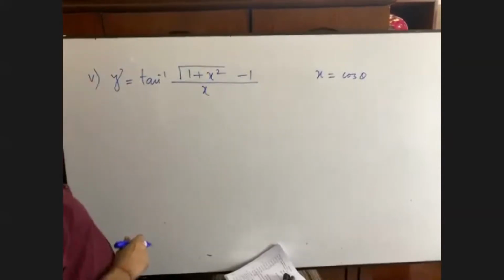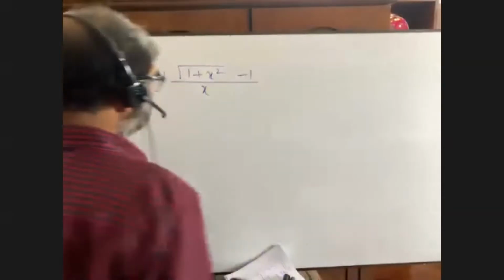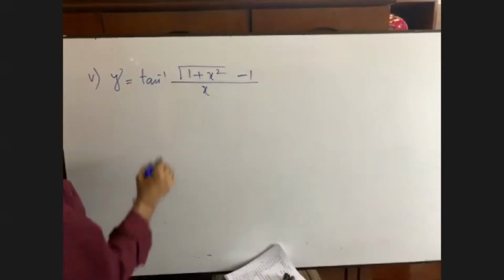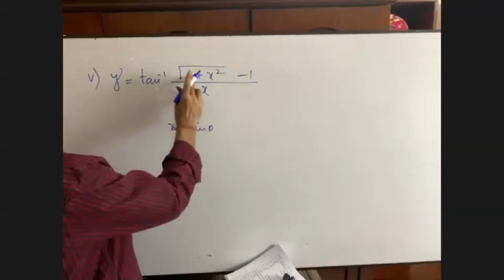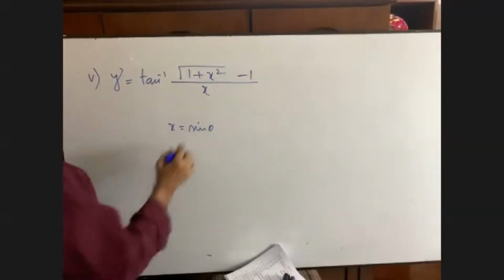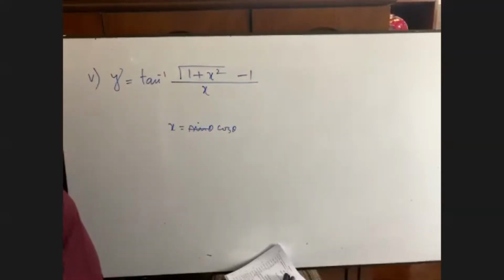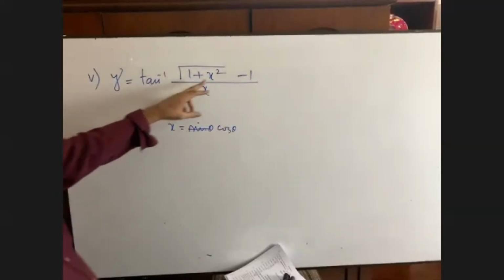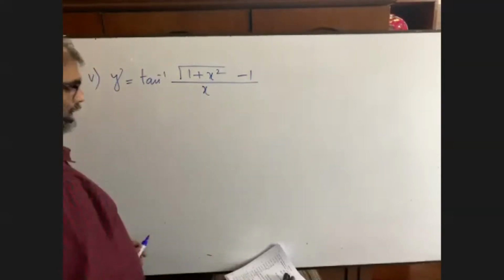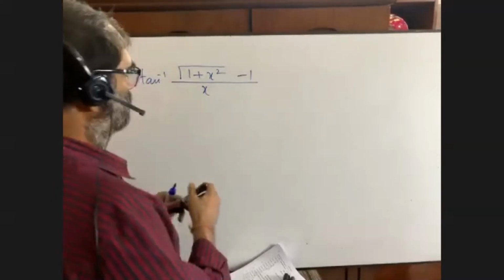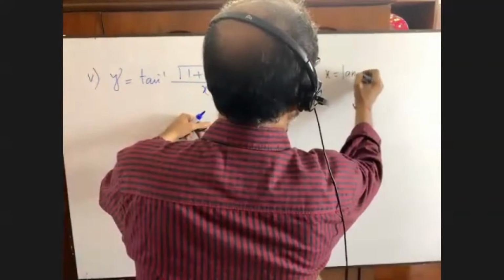Now you just let me know. Suppose you have let x equals sin theta. There is no formula for 1 plus sin square theta. If you take cos theta, there is no formula for 1 plus cos square theta. It is tan theta. So you let x equals tan theta, then you will get a formula. Let x equals tan theta.